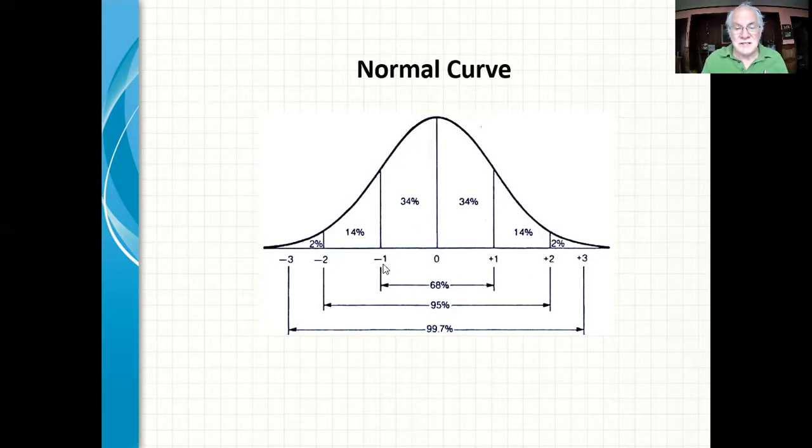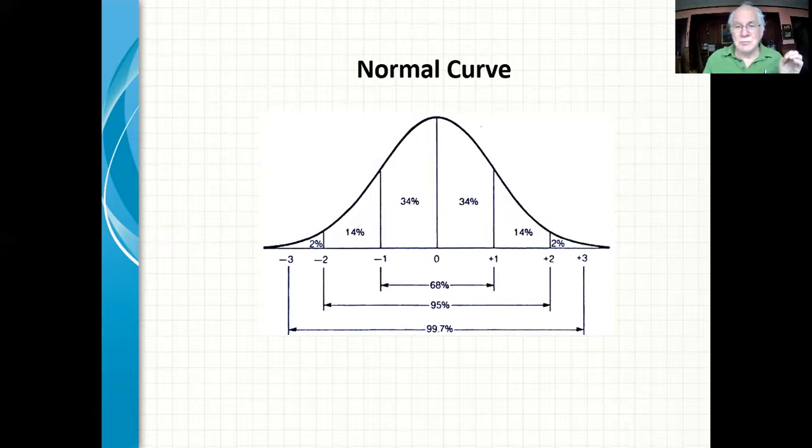If I say I have a z-score of -1, what I know is 16%, 14 plus 2, is less than -1. If I have a z-score of +1, what I know is 50%, that's this middle piece here, plus 34, that's this area in here, fall to the left of it. So 84% of all scores will fall less than +1 z-score.